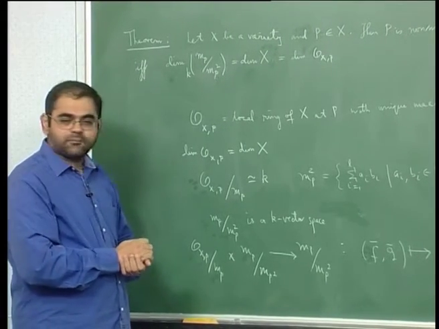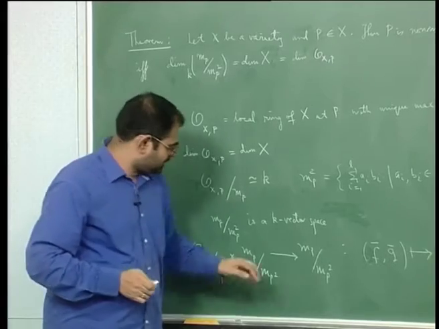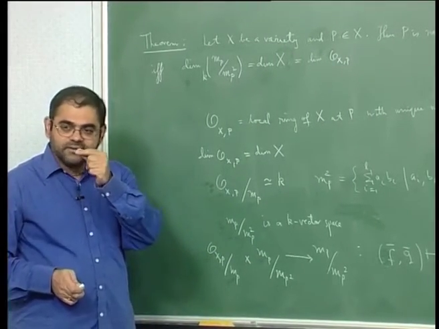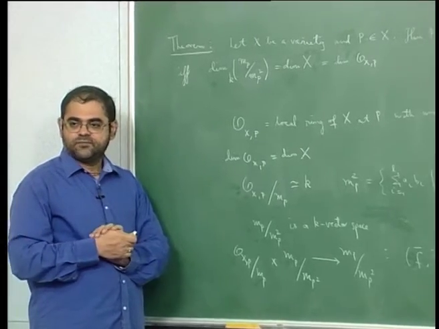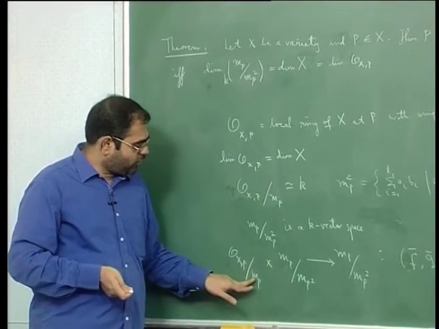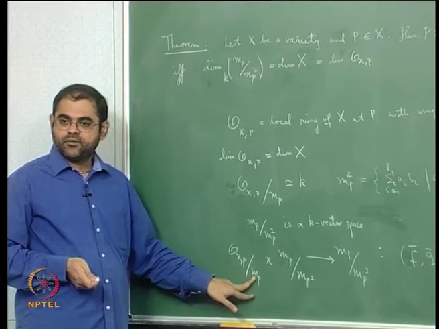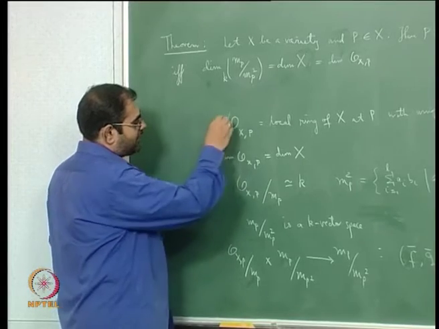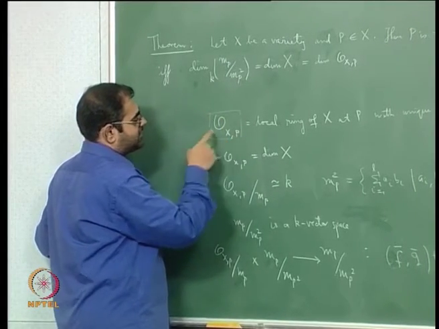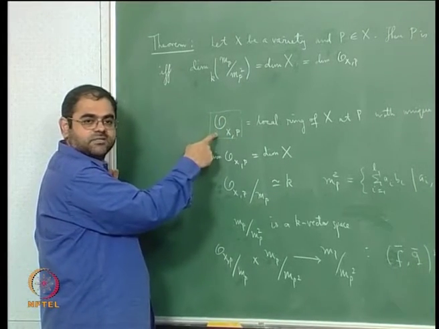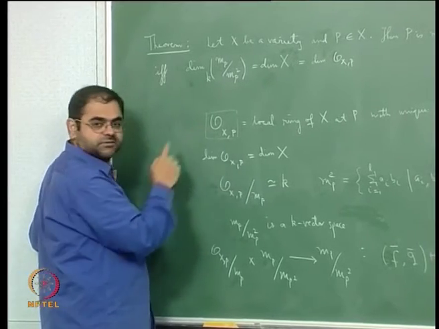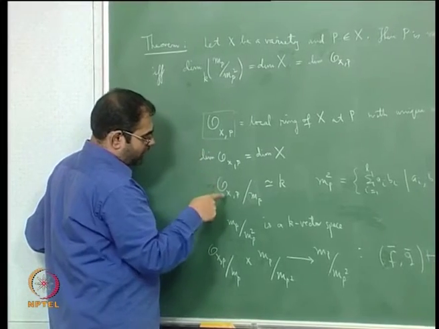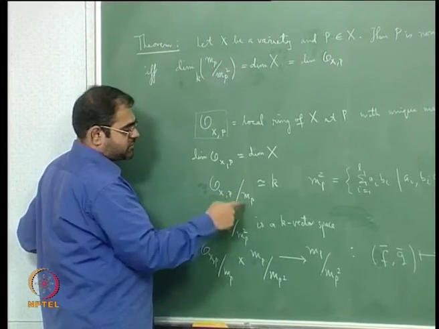So going mod MP squared is just reading only the linear term. When you go mod MP, you are evaluating at the point. See, these are all actions going on with the elements here in the local ring. What are the elements in the local ring? The elements in the local ring are regular functions, germs of regular functions. How do you get this quotient isomorphic to K?